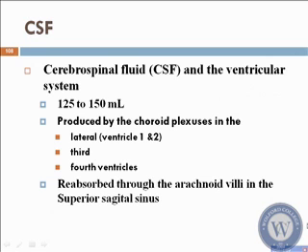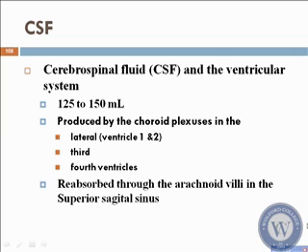Okay? The cerebrospinal fluid in the ventricular system accounts for about 125 to 150 cc's of total volume, so it's not very much. It's produced by the choroid plexus in the lateral, third, and fourth ventricles. The lateral ventricles are also considered ventricles 1 and 2, which are in this portion of the brain. I'll show you in a minute.